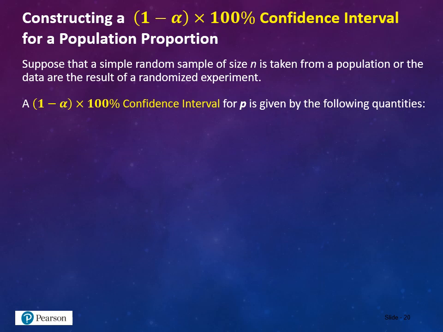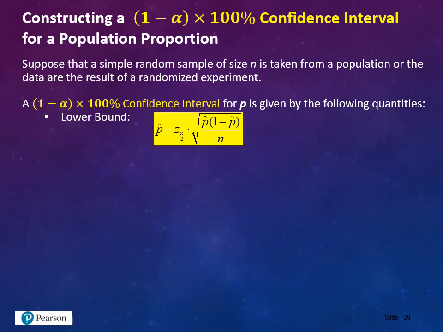Next, we're going to look at constructing a 1 minus alpha times 100% confidence interval for a population proportion. Suppose that a simple random sample of size n is taken from a population, or the data are the result of a randomized experiment. A 1 minus alpha times 100% confidence interval for p is given by the following quantities.